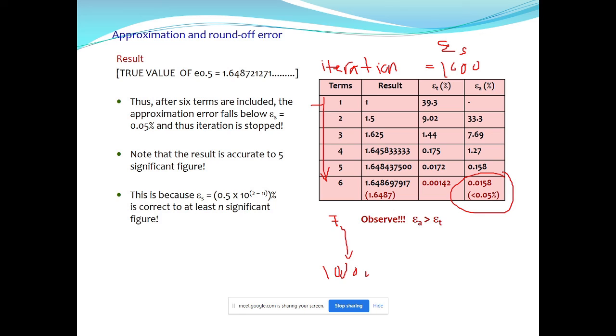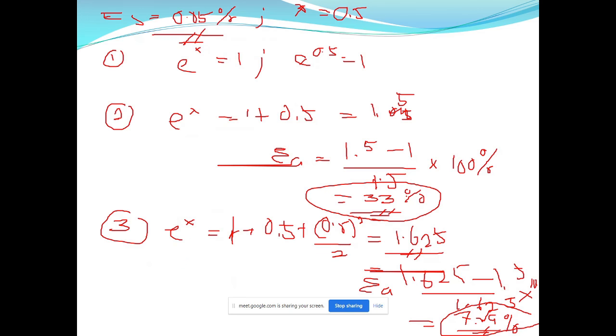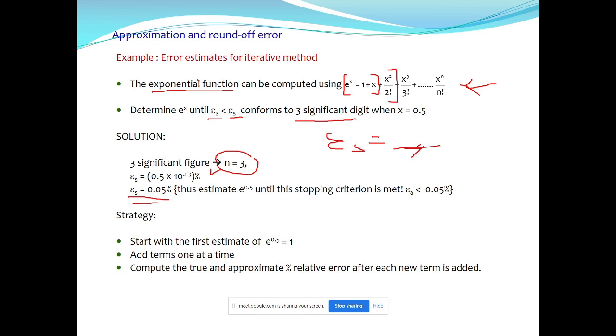Okay, stop. So maknanya kamu punya E value, exponential value is ni. Okay, 1.64. That is your exponential value for this exponential function when x is 0.5.